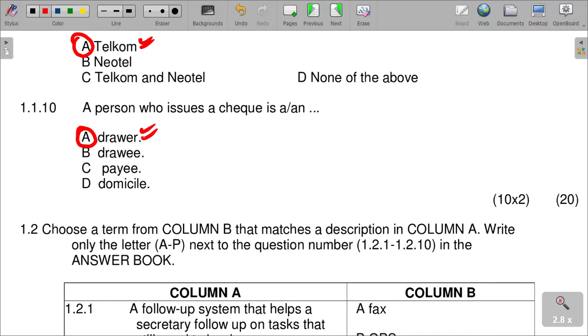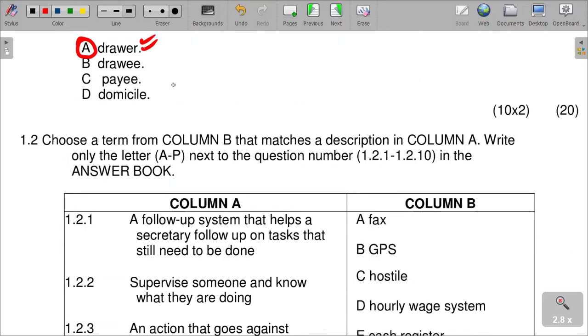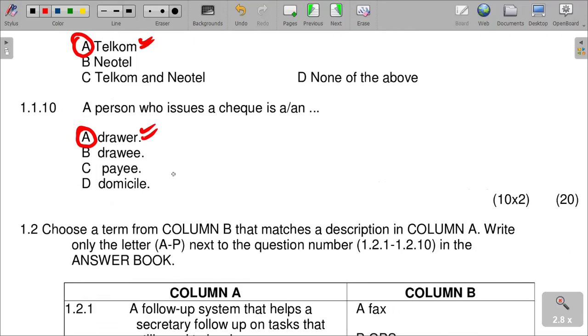And then what we need to understand is that when we are looking at these banking and transactioning processes, these terminologies are always very common in our exam. So a drawer issues a check. A person who issues a check is a what?